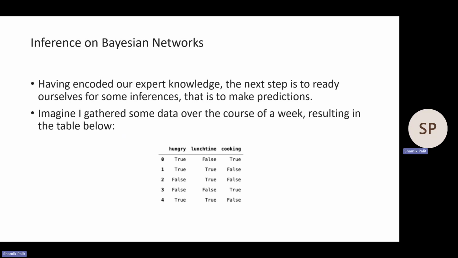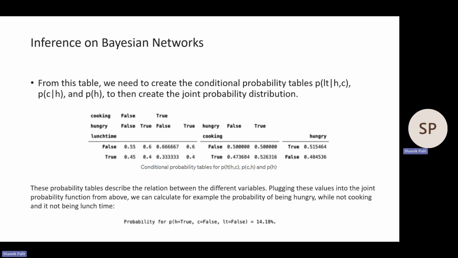So if this type of situation has been given to you, we will make use of Bayesian network over here, and we will start finding out the probability of lunchtime, the conditional probability of lunchtime where hungry and cooking values have been given. At the same point of time, the probability of cooking, that is also a conditional probability of cooking where the value of hungry has already been given, and the probability of hungry.